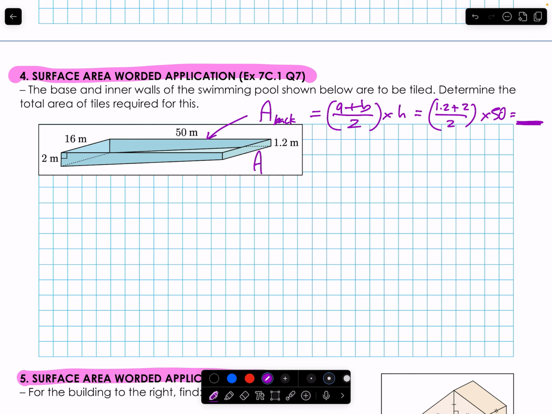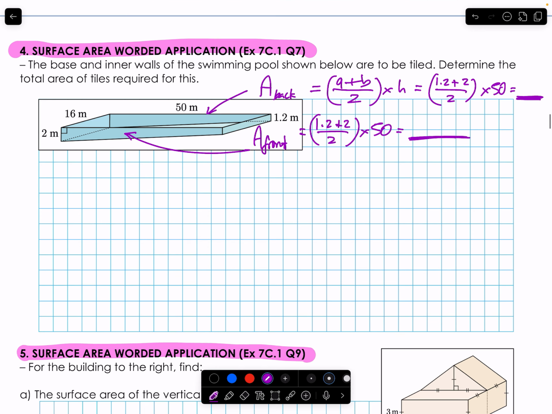The area of the front is exactly the same. The area of the front is this. So it's going to be 1.2 plus 2 over 2 times by 50, is the same line. Now remember, this is a swimming pool.